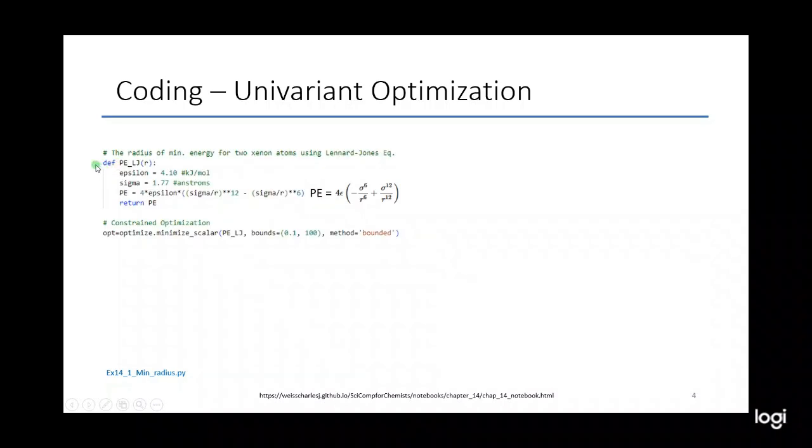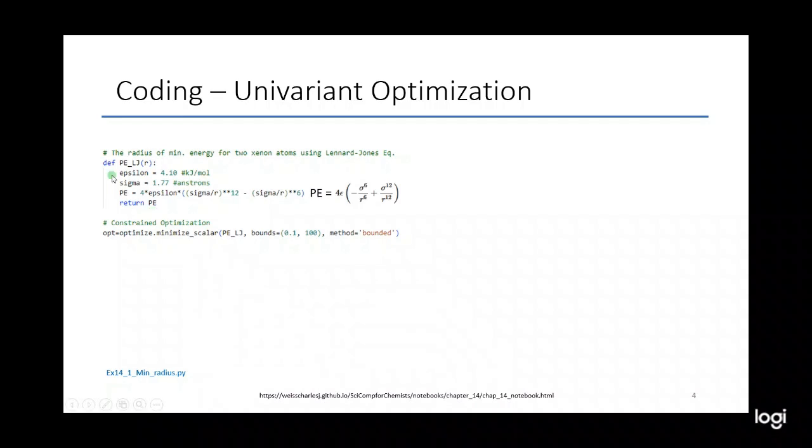The potential energy function P_LJ is defined here. This customized objective function takes a radius measured in angstroms as input and returns the potential energy in units of kilojoule per mole.